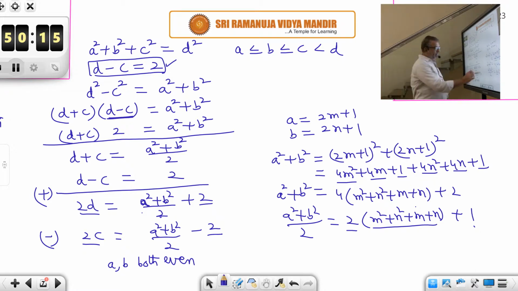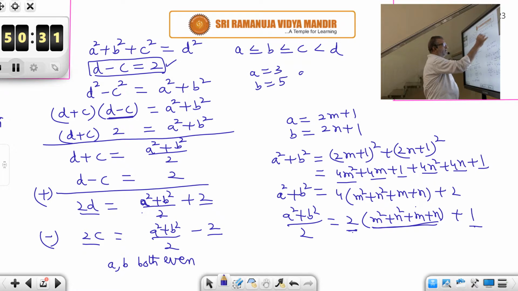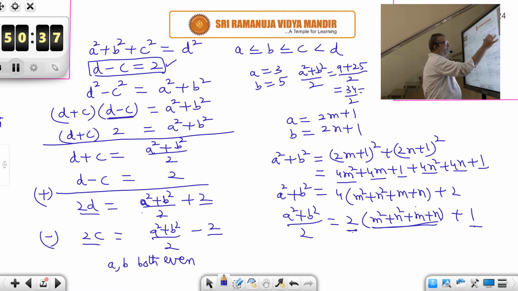If a and b are odd, then (a square plus b square) by 2 is not a fraction, it is an integer, but it is always odd. 2 into something is even, plus 1 will be there. For example, both odd, a equal to 3, b equal to 5. What is (a square plus b square) by 2? 9 plus 25 by 2, 34 by 2, 17, is an odd number.